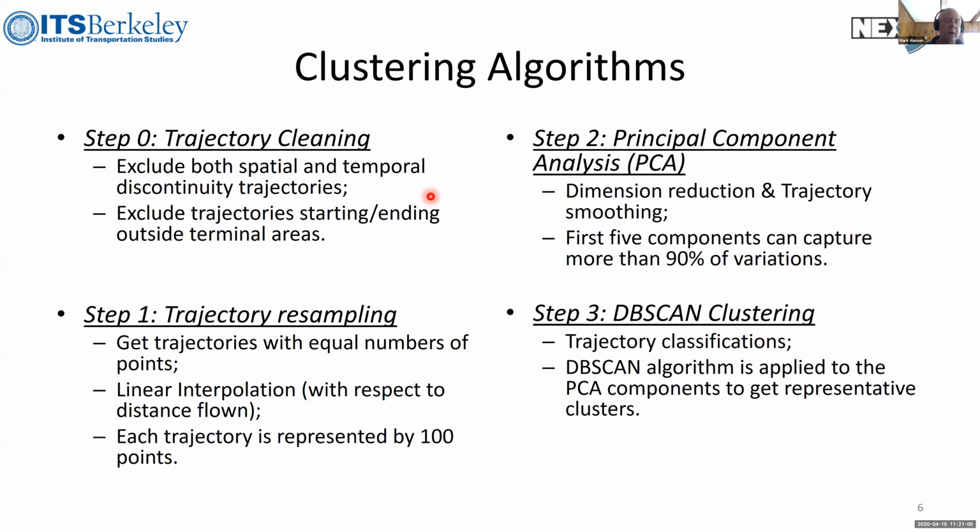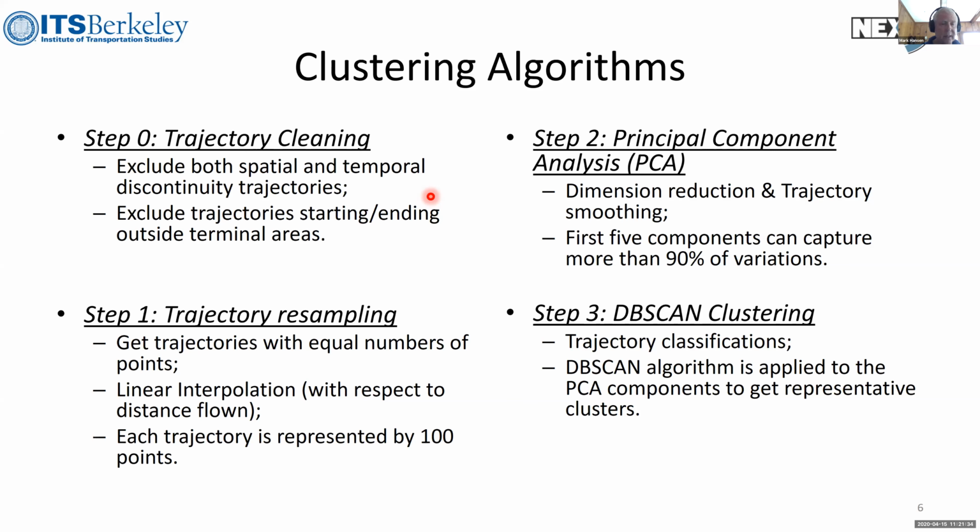So we've said one of the challenges of the trajectory data is that it's disorganized in the sense that there's not a clear structure. And step one is the way that we begin to get that structure. This is called trajectory resampling. Going from the initial trajectory data, we want to get new trajectories that have equal numbers of points.